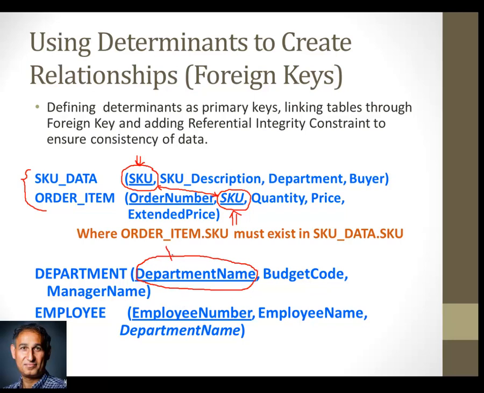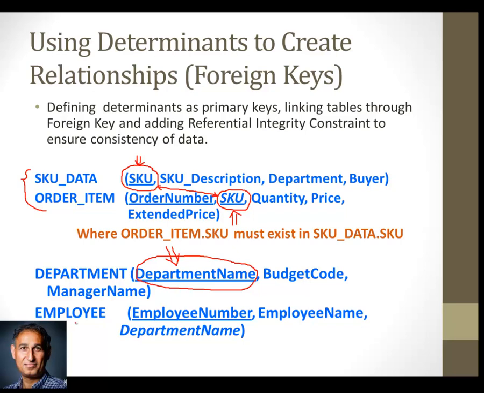So this one will be my determinant. The department name as a determinant can determine budget code and manager name. The department name will be used as my primary key. That's why I underline that attribute to represent my primary key.